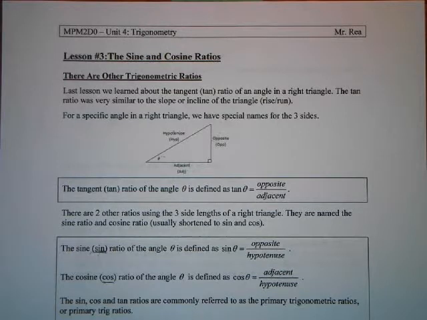You have to phonetically enunciate it very carefully, otherwise you'll get mixed up. So, soh, cah, toa.